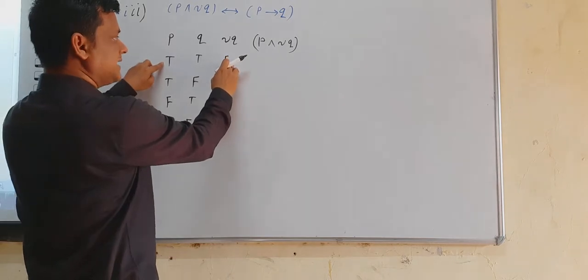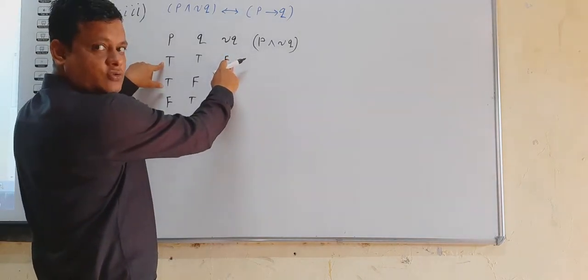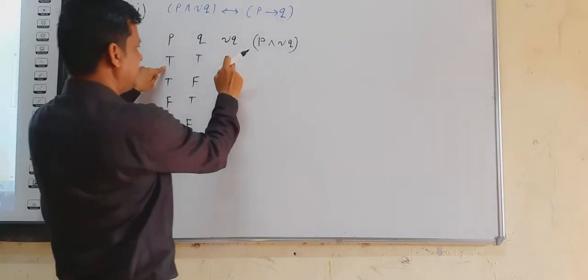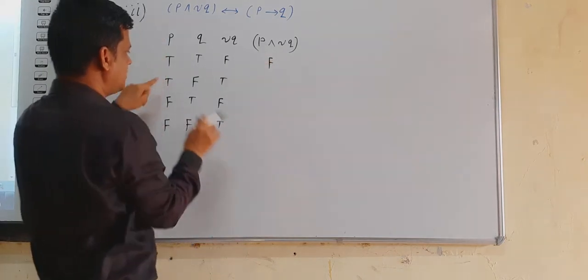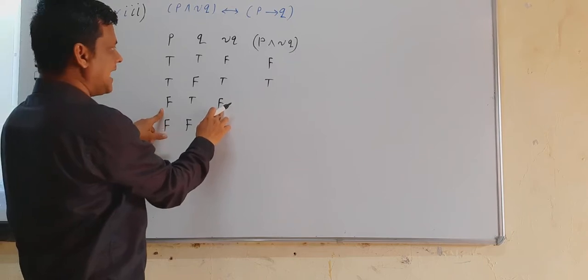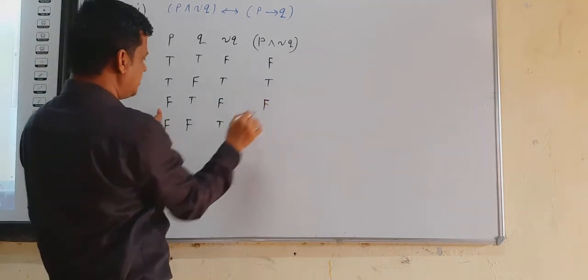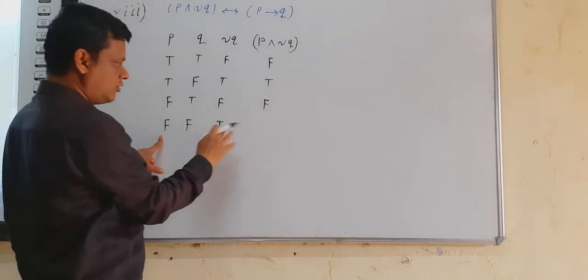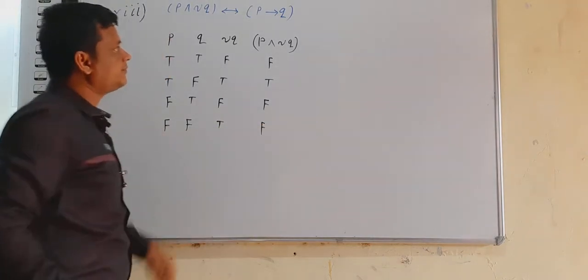If both statements are true, then only its result is true, otherwise false. Both statements are not true, therefore false. Both statements are true, therefore true. Both are not true, therefore false. Both are not true, therefore false.